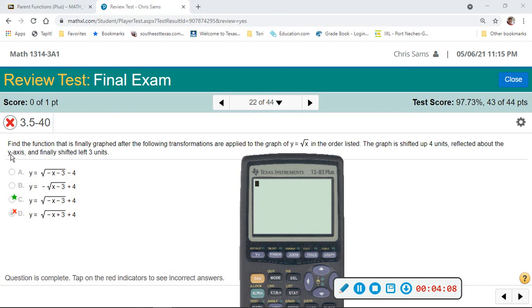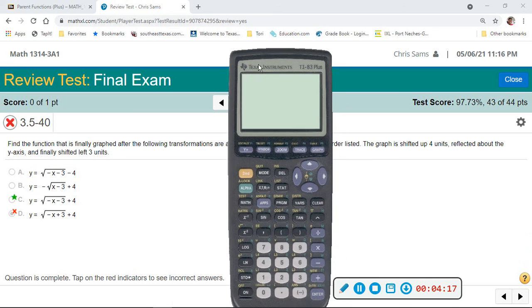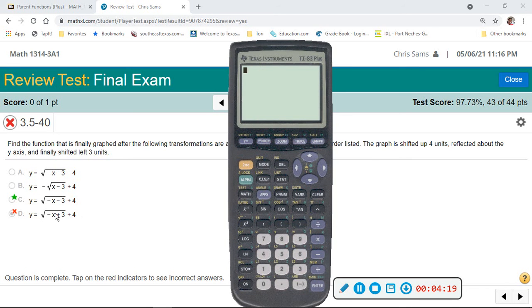They wanted to reflect across y, which is the negative, so that's C and D, and then shift it left 3. So shift left 3 is normally the +3, but when you reflect it, it does the opposite. So this is going to shift it left 3. So that was the one I was debating, but I went with what was traditional. So be careful whenever you have a shift and a reflection, because that reflection does the opposite.